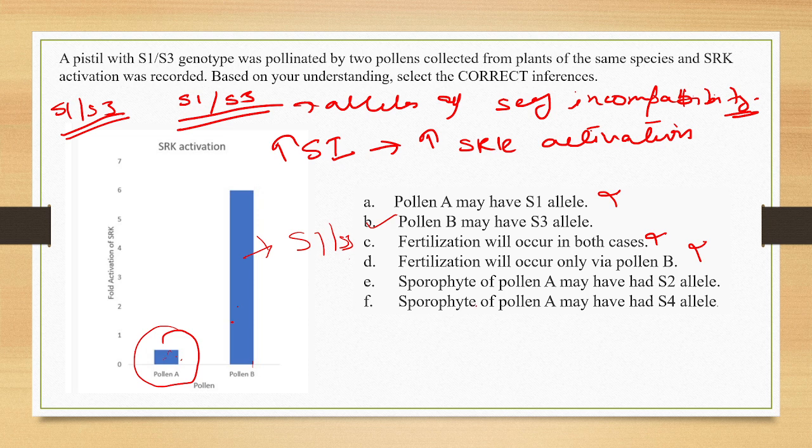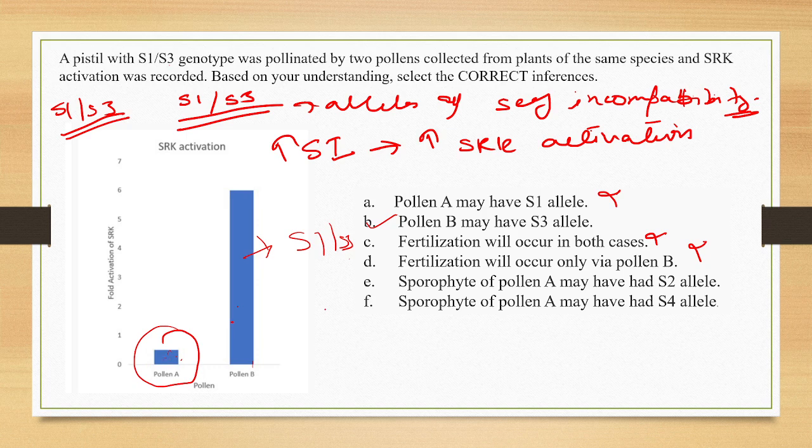Sporophyte of pollen A may have had S2 allele. Yes, because the genotype of the pistil is S1 and S3. If either S1 or S3 is the genotype of the pollen, then there would be very much self incompatibility and SRK activation would be very high. But if the genotype of the pollen is different from S1 and S3, then there would be very less SRK activation, which indicates that self incompatibility is very less.